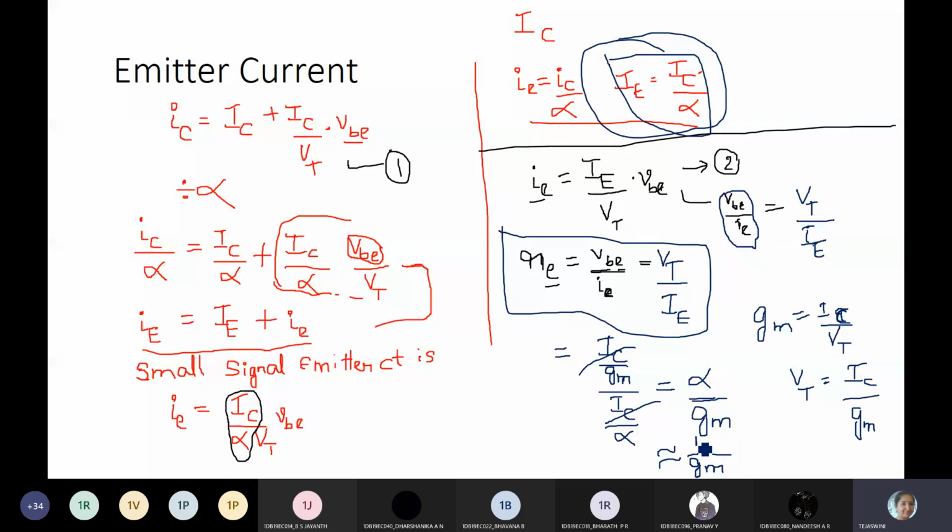So 1 by gm is an expression for RE, the input resistance of the emitter, and this is the emitter current. Is this clear with emitter current and the input resistance? Yes.